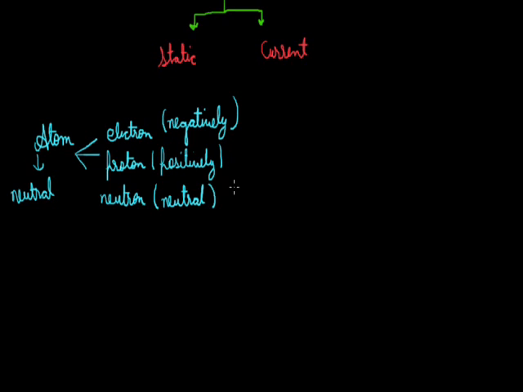In an atom, the central part is the nucleus, which is positively charged due to the presence of protons and neutrons in it. Neutron being neutral does not impart any charge, while proton being positively charged imparts the positive charge on the nucleus.